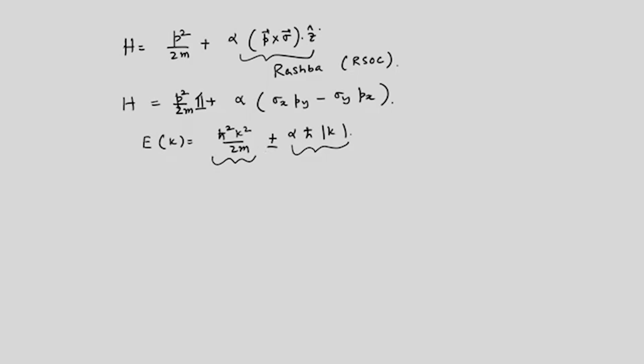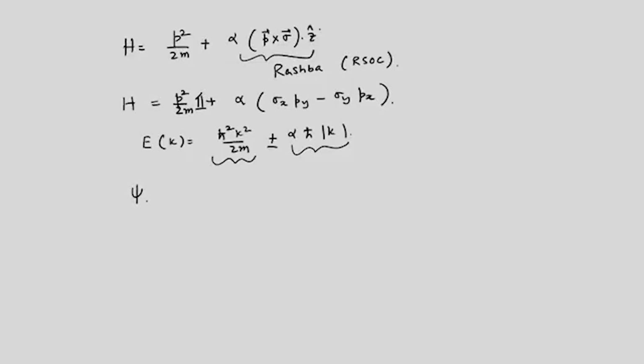So, you have two levels, one is the free particle energy plus this linear term, and there is another term which is lower than that. This will give rise to the correction due to the spin orbit coupling.